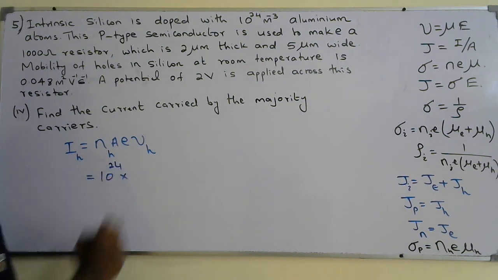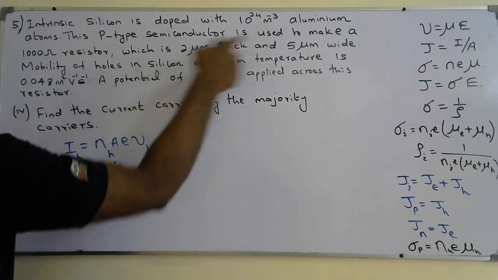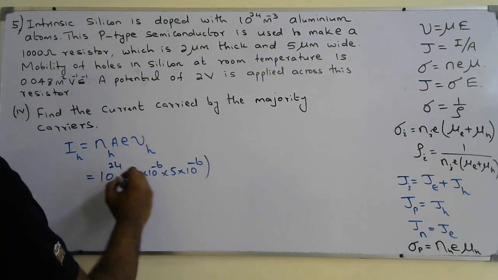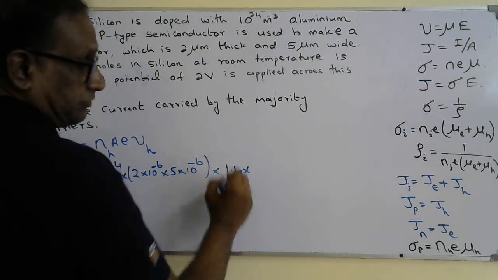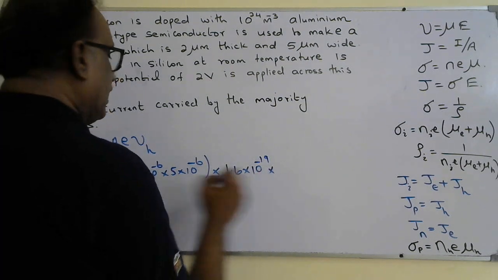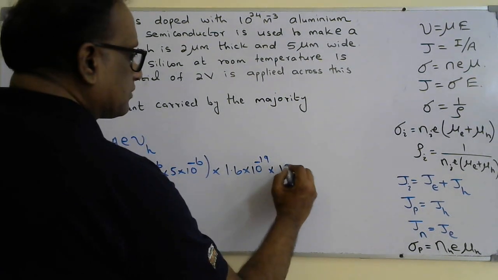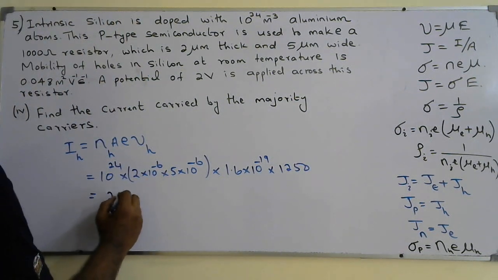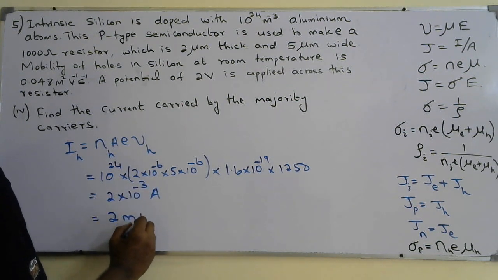Area of cross section is 2 times 10 to the power minus 6, width times thickness, 5 times 10 to the power minus 6. The charge of the hole is the same as the charge of the electron, 1.6 times 10 to the power minus 19, and the velocity of the holes we just found is 1250. So the current will be 2 times 10 to the power minus 3 amperes, or 2 milliampere.